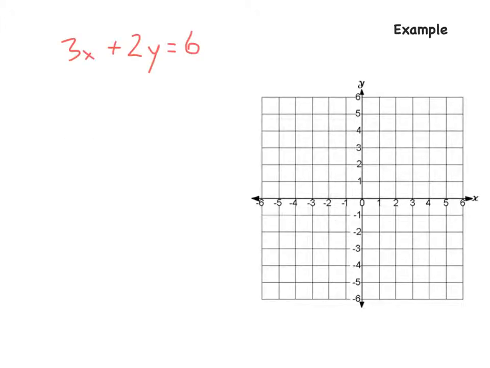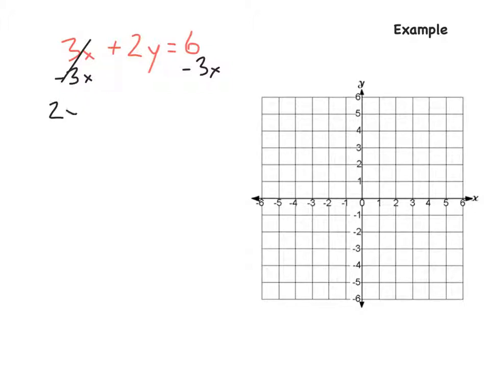So now we have an equation that I need to graph. We have this equation, 3x plus 2y is equal to 6. Remember, first step, get y alone. So we have to make it into y equals mx plus b form. We'll move this 3x over to the right side. To do that, we will subtract 3x, so that cancels out.